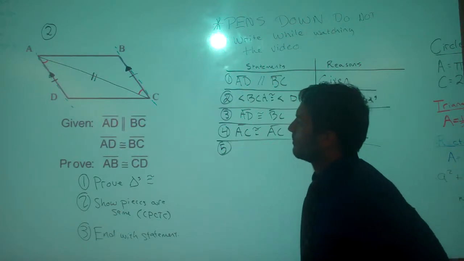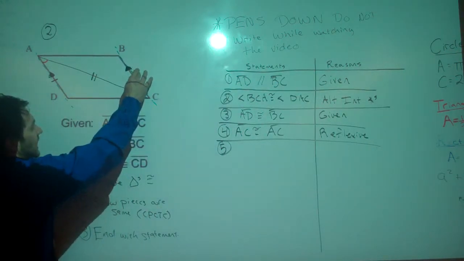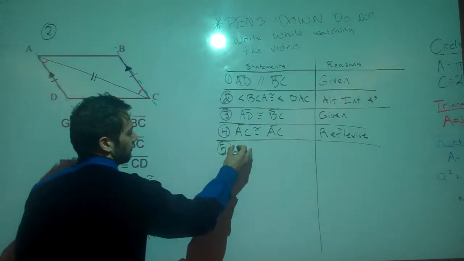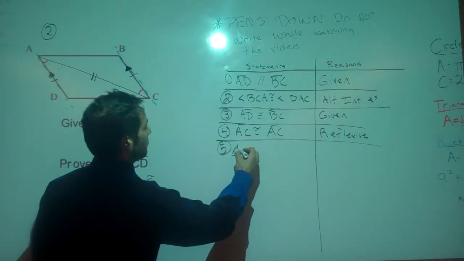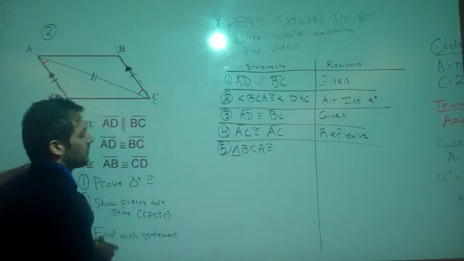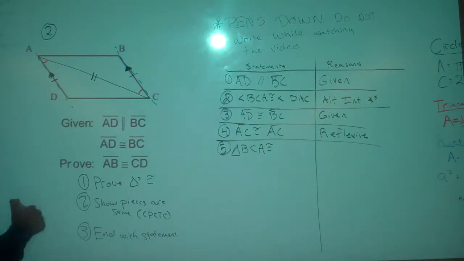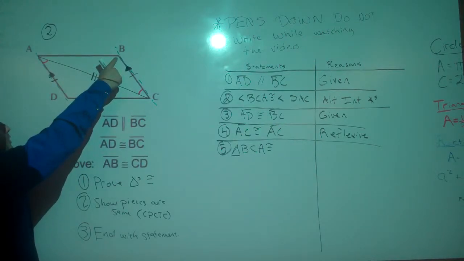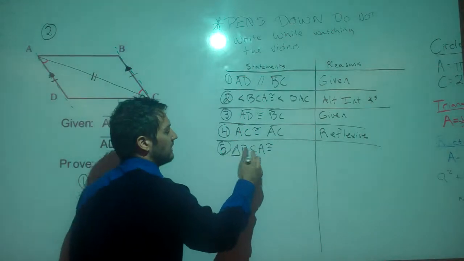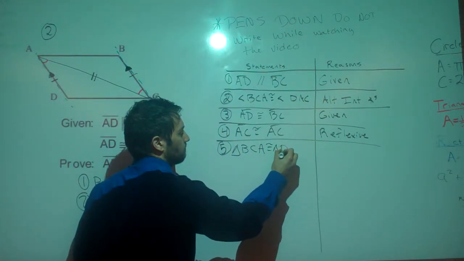At this point, I have side, angle, side. The two triangles will be congruent to one another. I'm going to go with BCA. And now I need to start being a little more careful. I'm checking what goes with B from the bottom triangle will be D. So since I put B first, I will put D first.